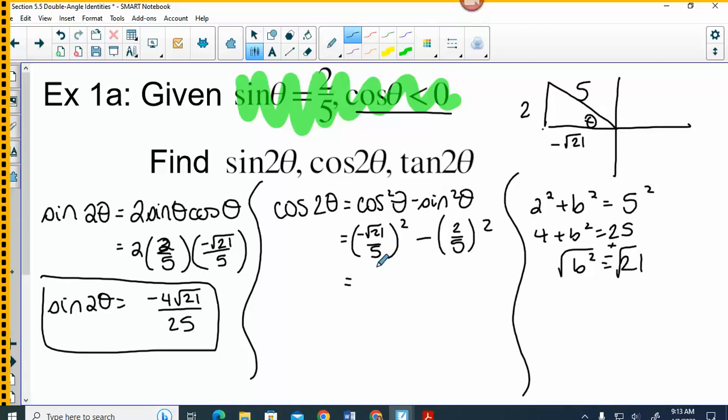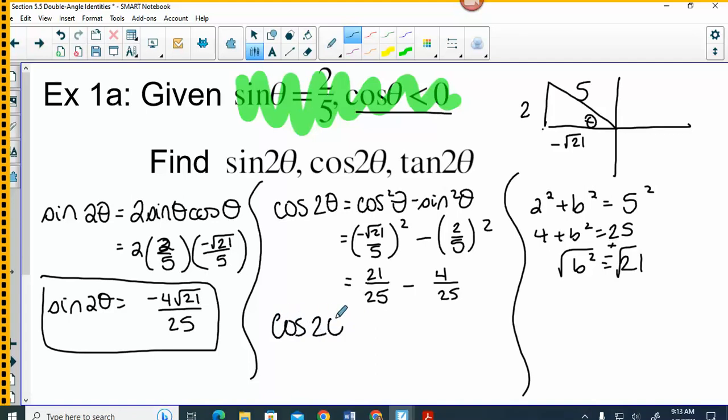Negative radical 21 times negative radical 21 is positive 21 over 25. Minus 2 times 2 is 4, 5 squared is 25. So we get that cosine 2 theta equals 17 over 25.